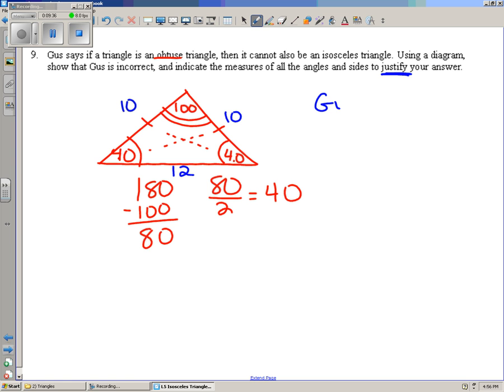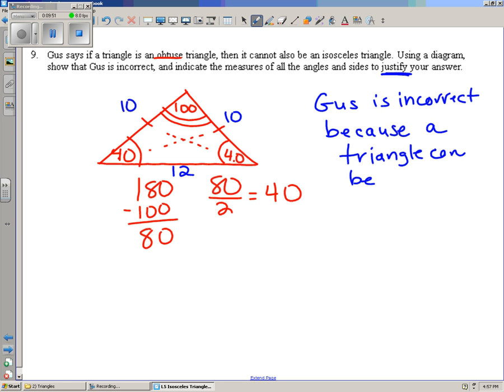Gus is incorrect because a triangle can be obtuse and isosceles.